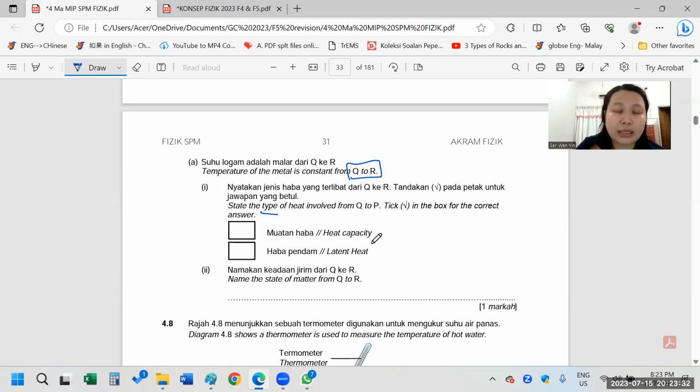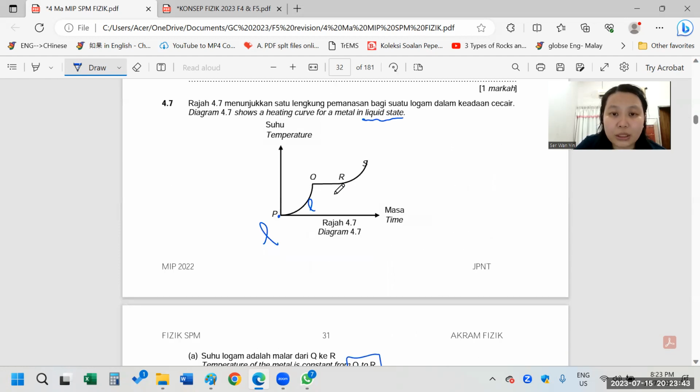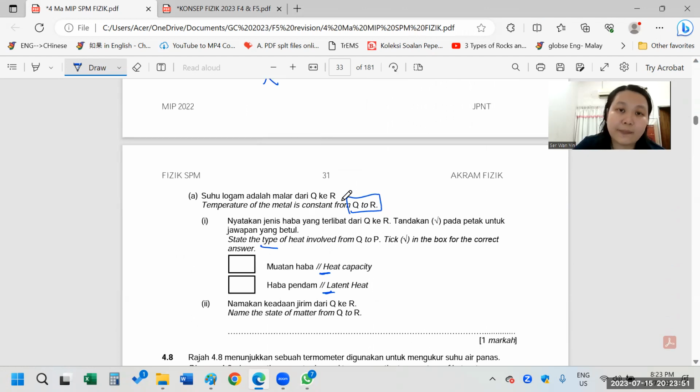Please type your answer. Let's say H is heat capacity, L is latent heat. From Q to P, what is the heat?